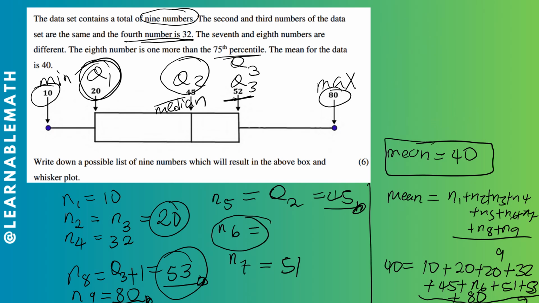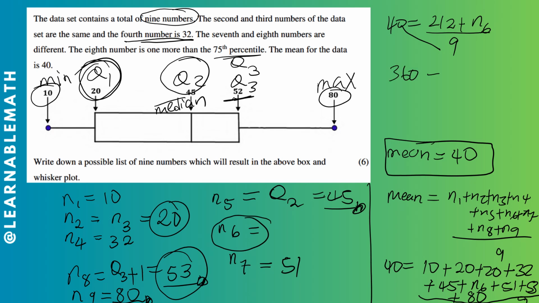So finally we have 40 is equal to the sum of all these data values: 10 plus 20 plus 20 plus 32 plus 45 plus 51 plus 53 plus 80. They're going to give us 212 plus number 6, all divided by 9. To solve for number 6, we can cross multiply. So 40 times 9 gives us 360.